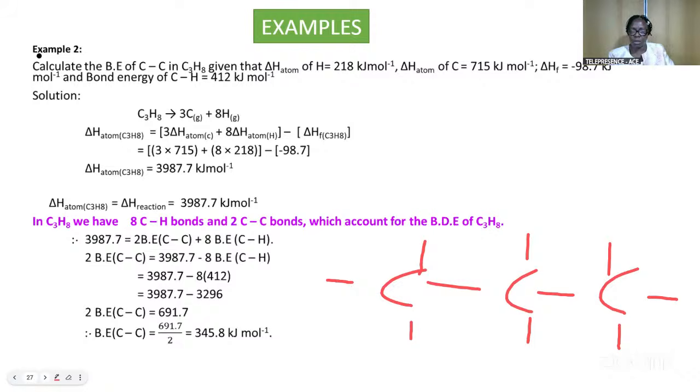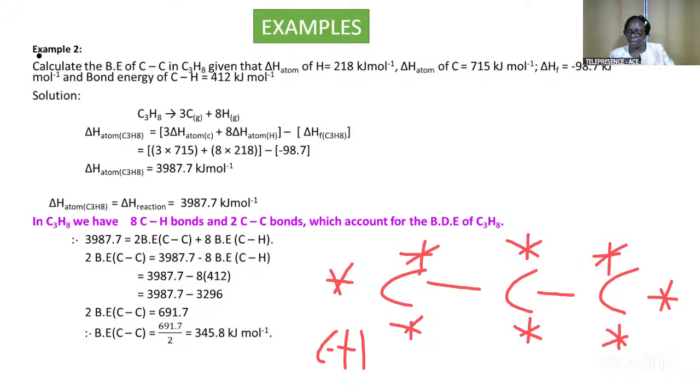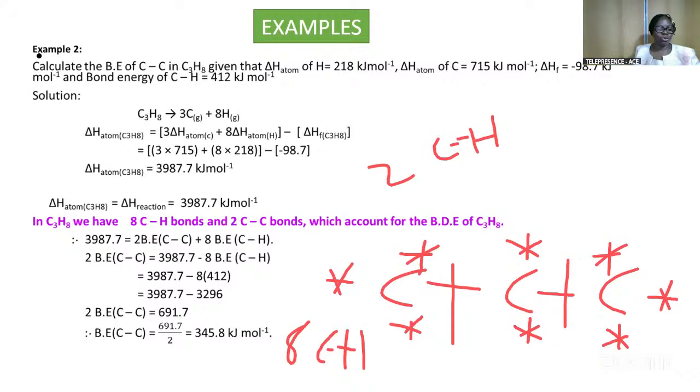So for all these, I explained to you, these are C-H bonds, and you can see there are 8 of them in the molecule. So I advise you not to just examine it by physical inspection, but try and draw out the structure. So you have 8 C-H bonds, and then for C-C single bond, you have 2. So that is how we used them to do the calculation.